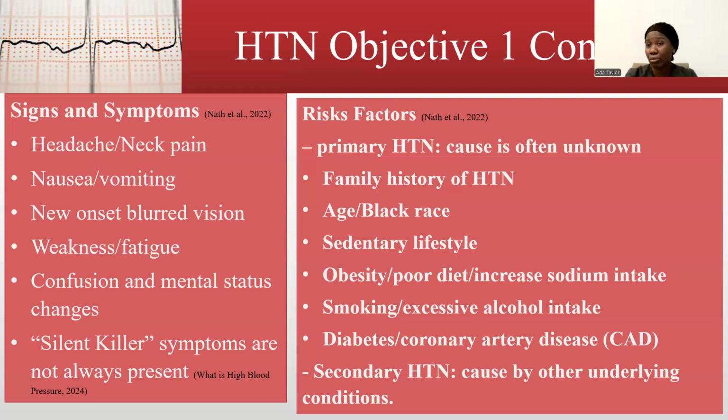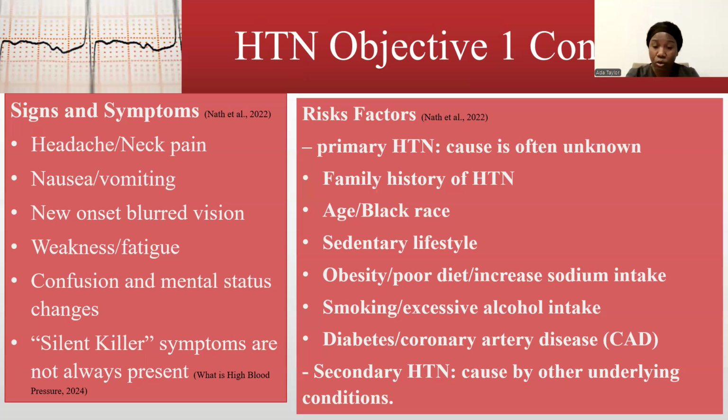So if any of your family members, maybe your mother, father, got high blood pressure, there is a possibility that you may get high blood pressure. Age, so the older you are, there's a higher chance of you getting high blood pressure. Black race, that means that African Americans are at a higher risk of developing high blood pressure compared to other races.